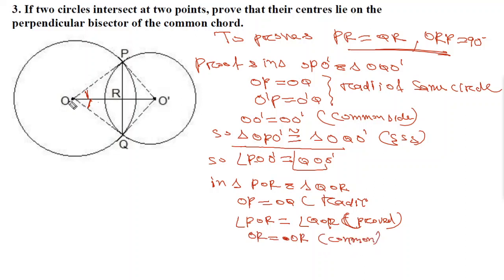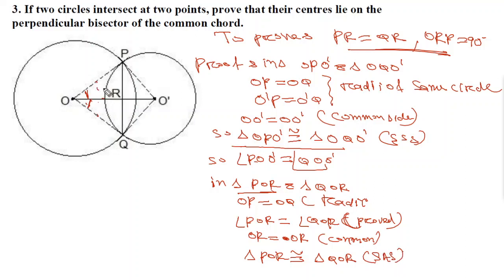Therefore you can say triangle POR will be congruent to triangle QOR. Give the reason: side, angle, side.